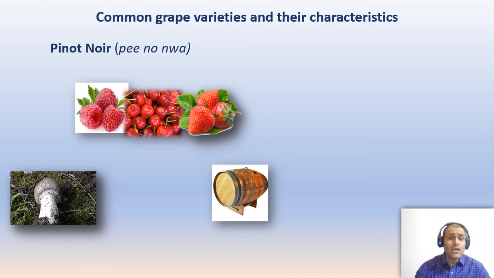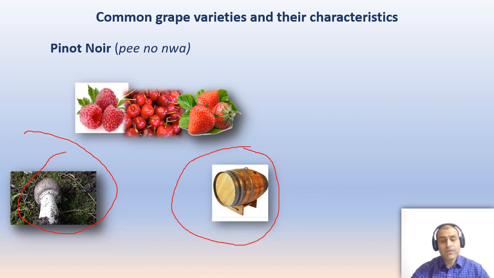You get a lot of earthy flavors, mushrooms, wet undergrowth, things like that, and some Pinot Noir also undergoes oak aging that gives it a nice spicy, coconutty, vanilla flavor.